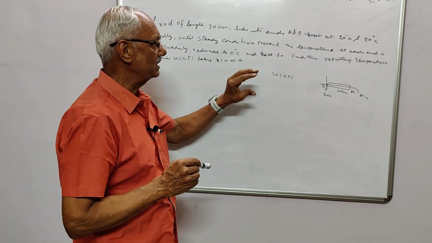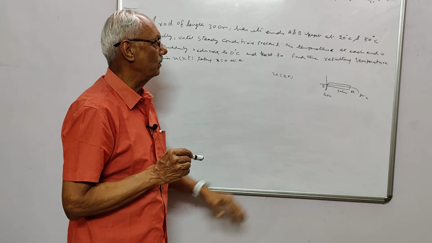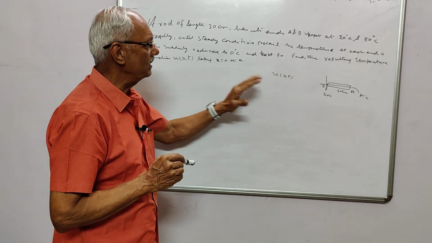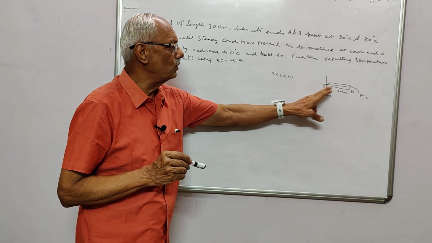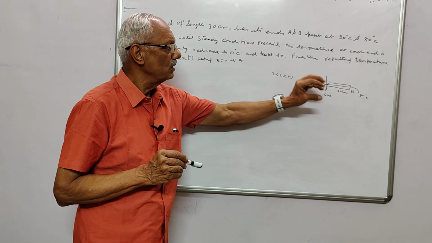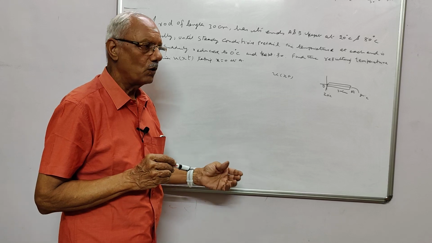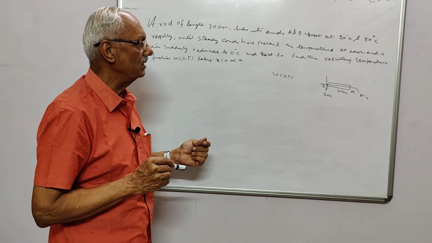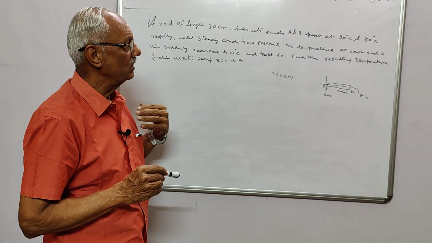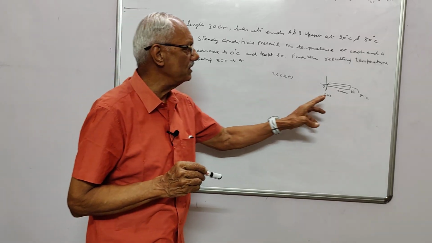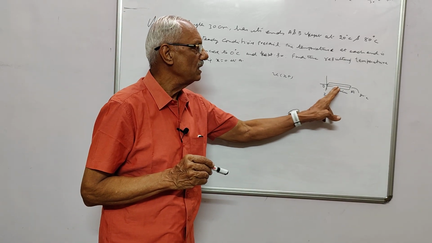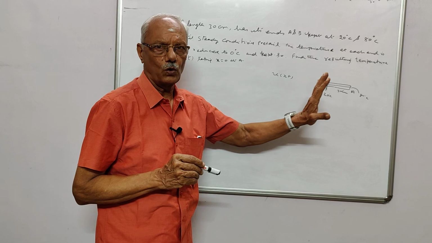I'm just explaining the gist of this problem. After that, the two ends are brought to 0 degrees centigrade. We are asked to find what is the resulting temperature function u of x,t in the rod.